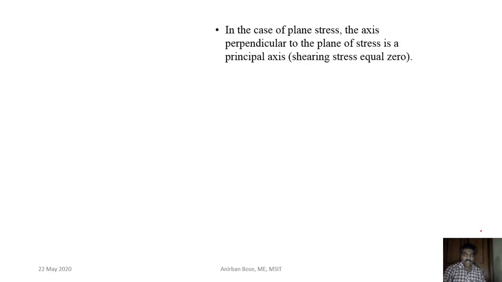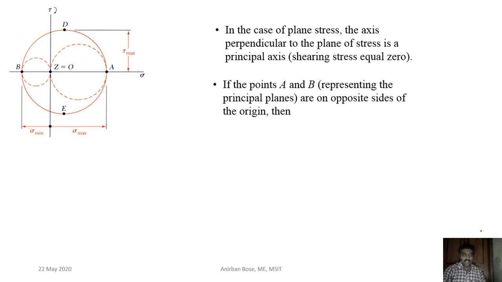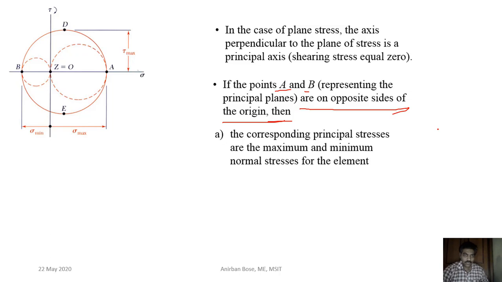Now we are taking two special cases. Suppose points A and B are on the opposite sides of the origin, depending upon whether they are compressive or tensile. For this case it is clear that the corresponding principal stresses are the maximum and minimum normal stresses for the element.